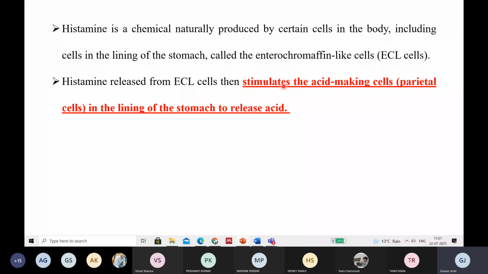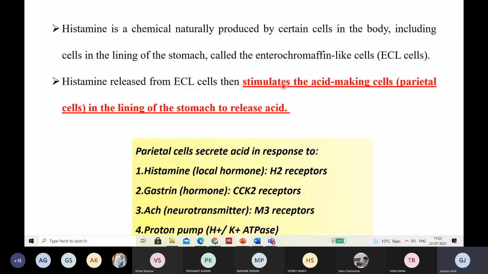It will stimulate the parietal cell. Hope you have learned about the parietal cells in pharmacology. So parietal cells are the cells that actually produce the acid in the stomach, right? So basically the ECL cell is releasing the histamine, and that histamine is interacting with the parietal cells, and the parietal cells are actually releasing the acid into the stomach. So this is the common thing, right?